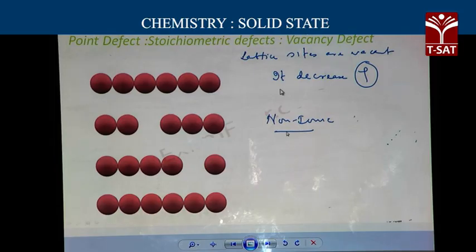Then what happens to the crystal? Number of atoms per unit volume decreases. So, because of vacancy defect, density of the crystal will decrease. Especially this type of defect occurs in non-ionic crystals.